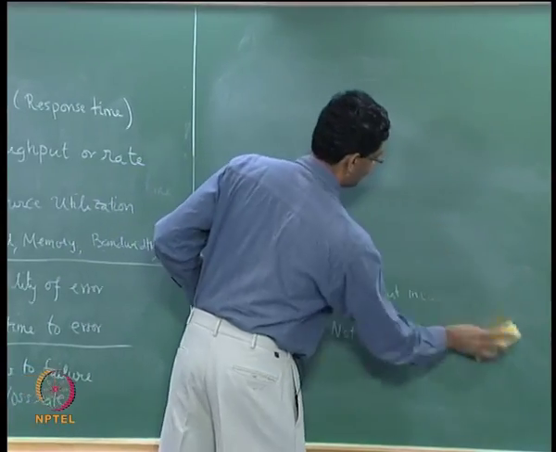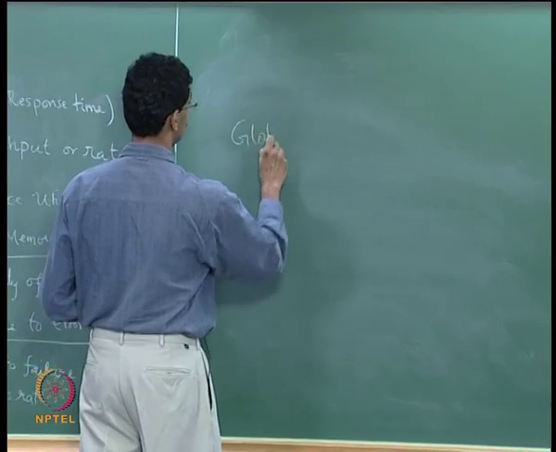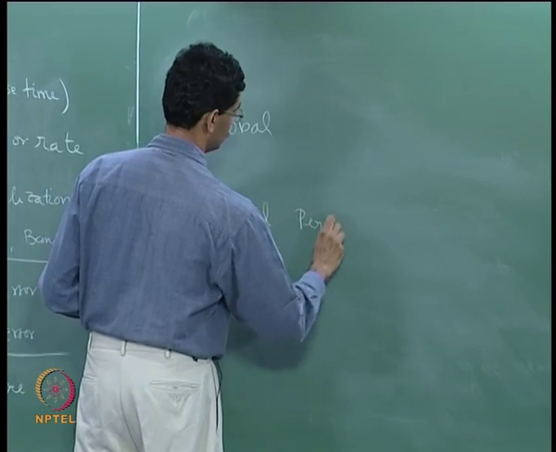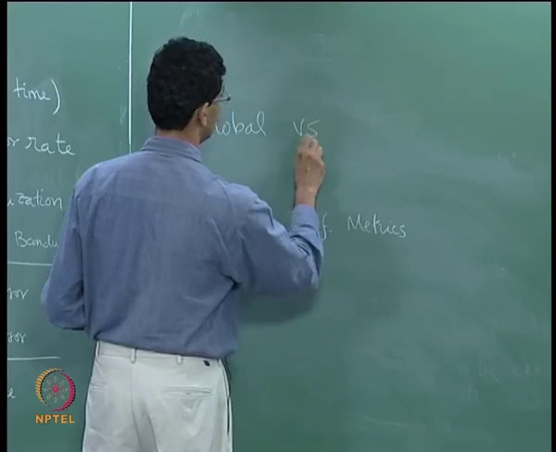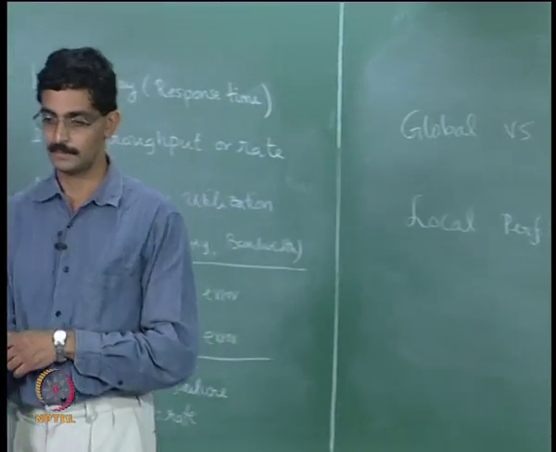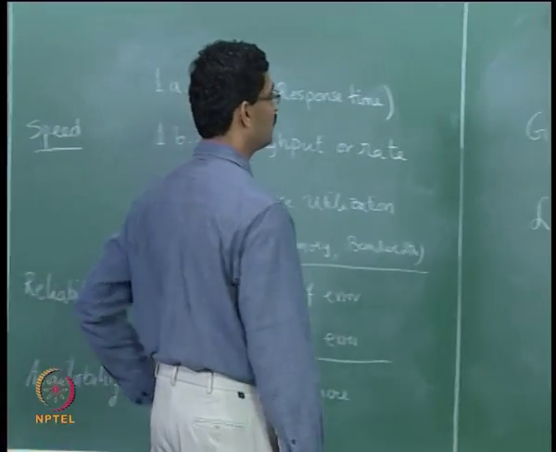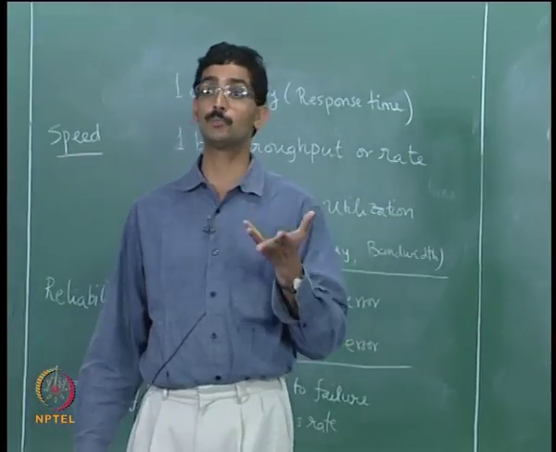And then one more categorization of metrics is whether they are global versus local. So global metrics would be something, for example, and let us look at throughput.